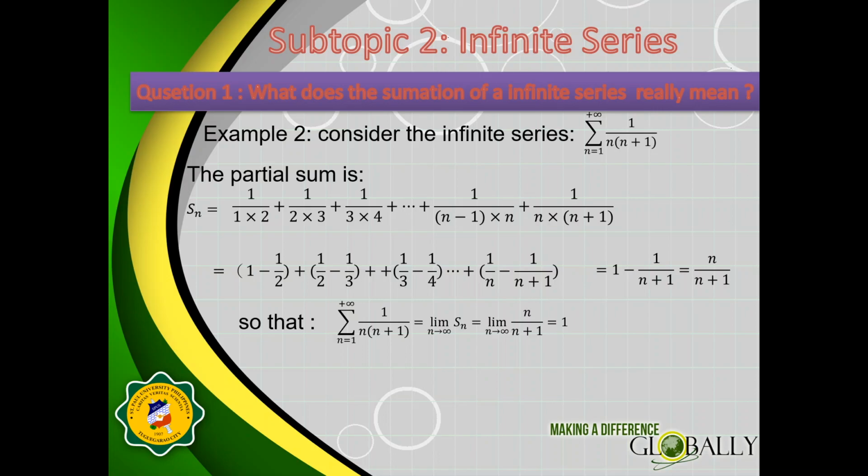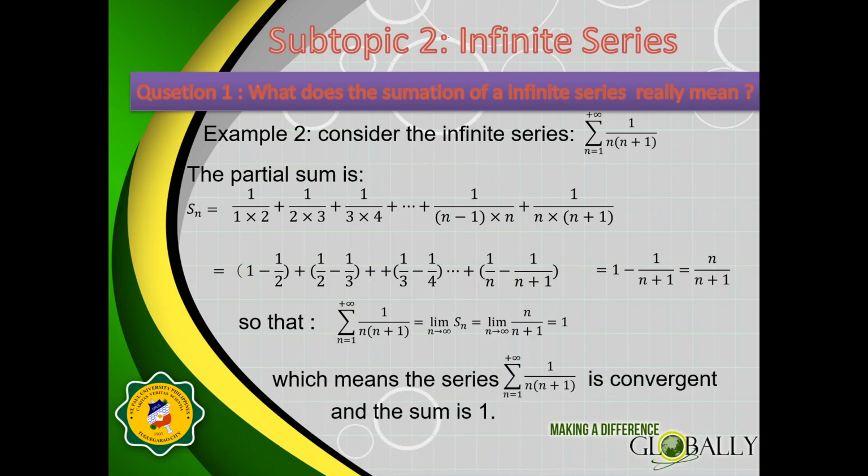The partial sum is n over n plus 1. So the limit is just 1 here, which means the infinite series is convergent, and the sum is 1.